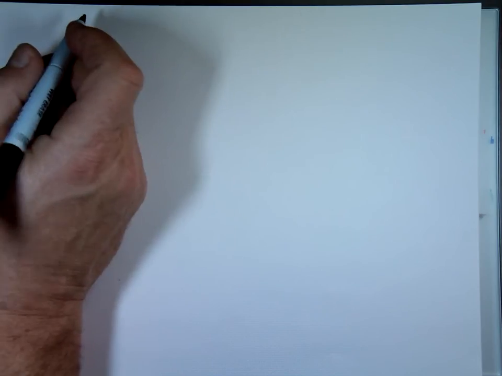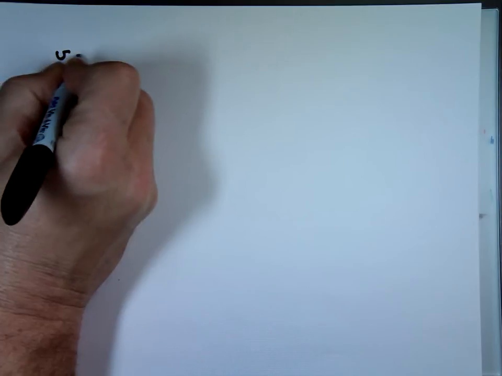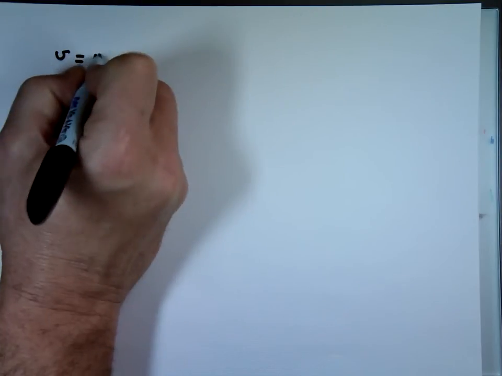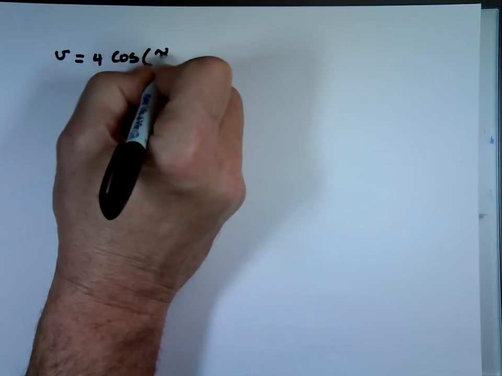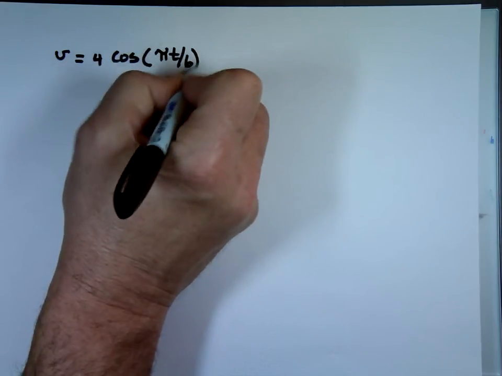Given that the voltage across here, I don't have the circuit yet, but the voltage is 4 cosine pi t over 6 volt. Find the average power.